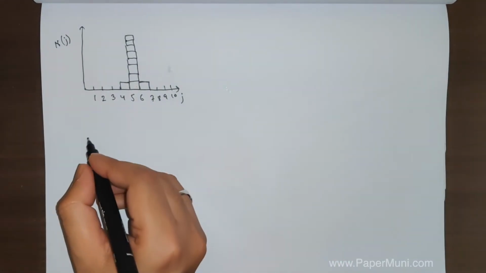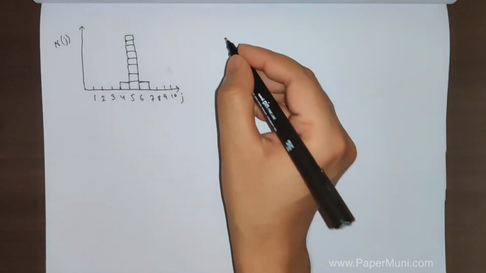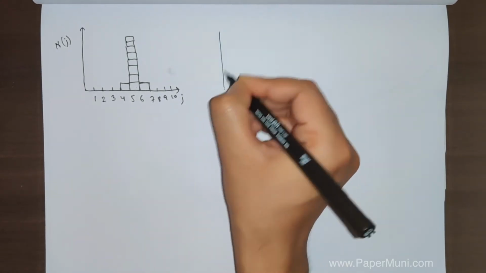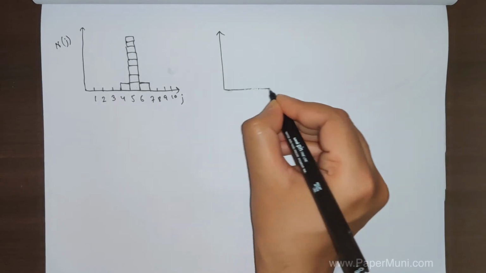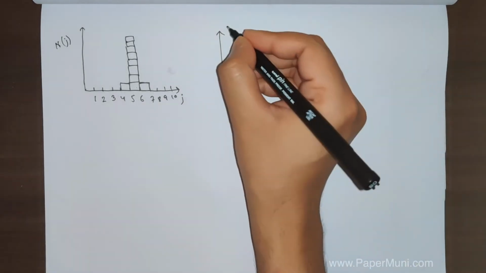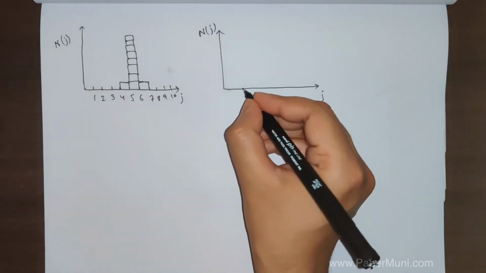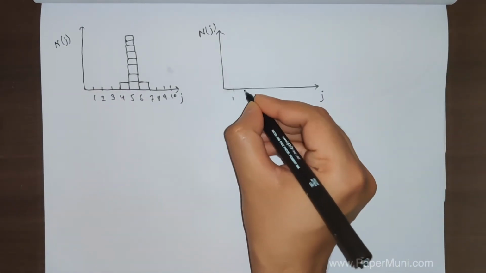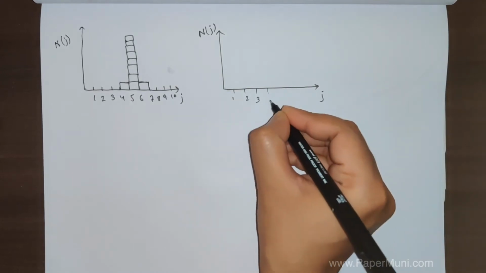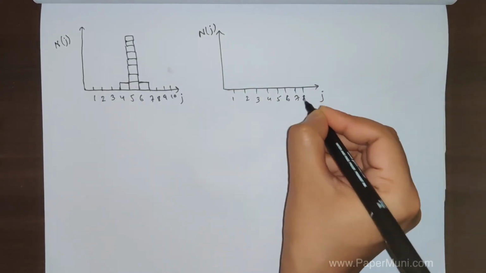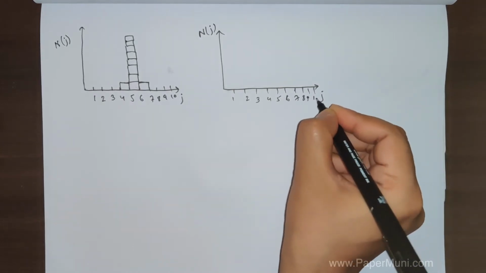Alright, the other data looks like this. Again nj, this is j, with 1, 2, 3, 4, 5, 6, 7, 8, 9, and 10.